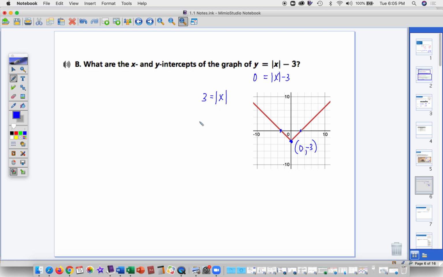If the absolute value of x is equal to 3, x can equal 3, or x can equal -3, because absolute value means the distance from 0, and both of these have a distance from 0 of 3. So here are my two values, (-3, 0) and (3, 0).